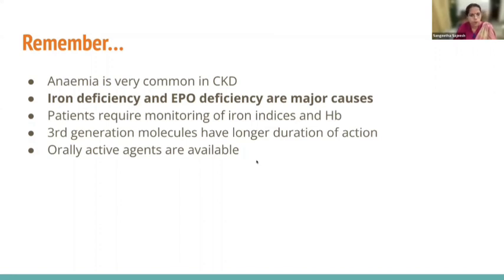Patients require monitoring of iron indices. Before starting ESAs, we should always ensure that iron deficiency is properly corrected and iron stores are repleted, because proper iron management is important for the success of erythropoietin stimulating agent therapy. We can up-titrate and down-titrate the dose of erythropoietin stimulating agents in dialysis patients to maintain an optimum hemoglobin level of 11 gram per deciliter.